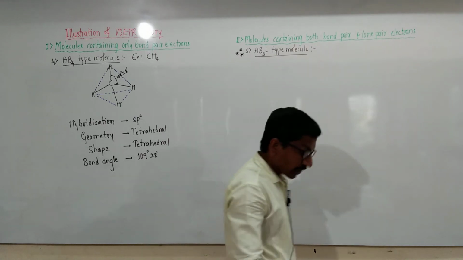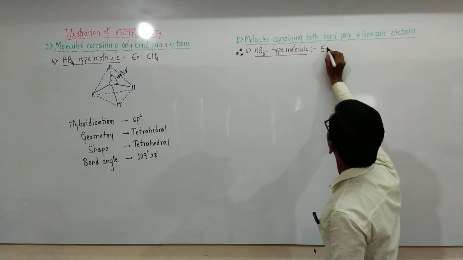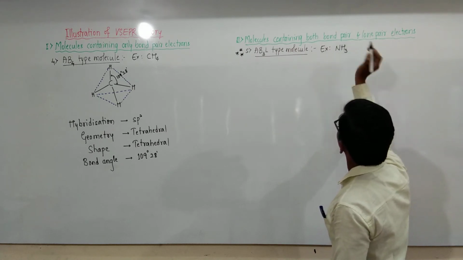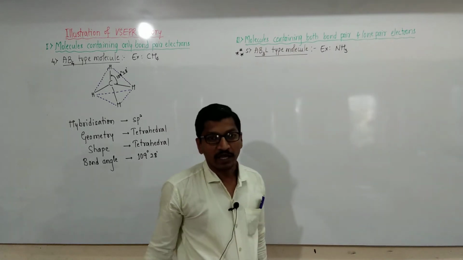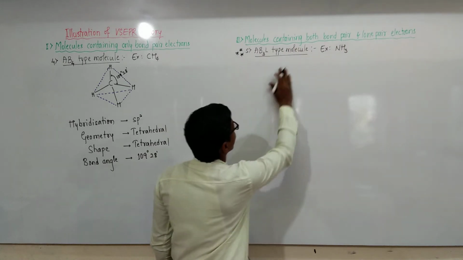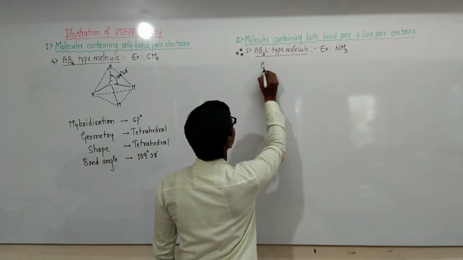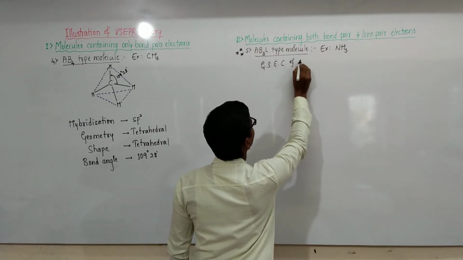AB3L type of molecule. AB3L type of molecule example is ammonia, NH3. This is an example for AB3L type, which contains 3 bond pairs and 1 lone pair. And here the ground state electronic configuration of nitrogen.